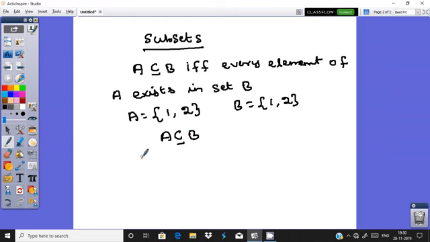But if you want to say proper subset, what is meant by proper subset?